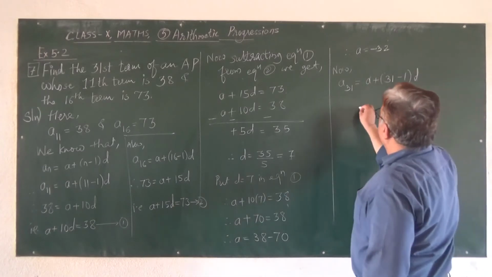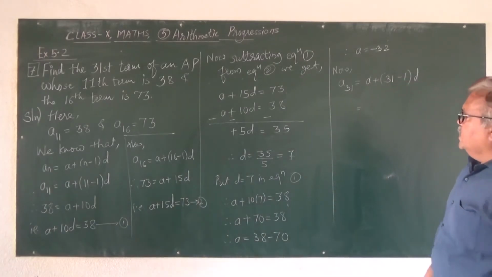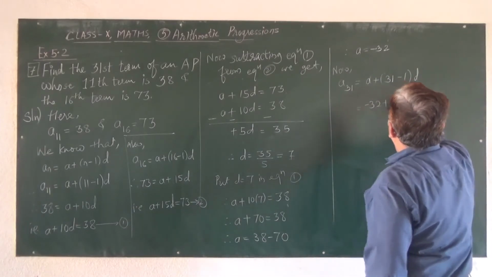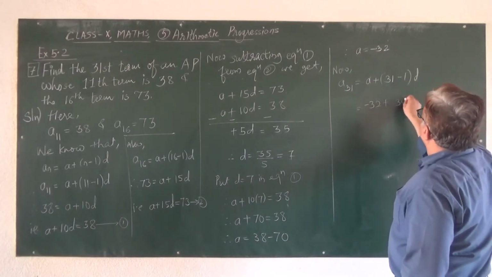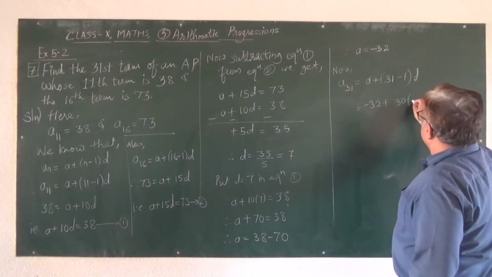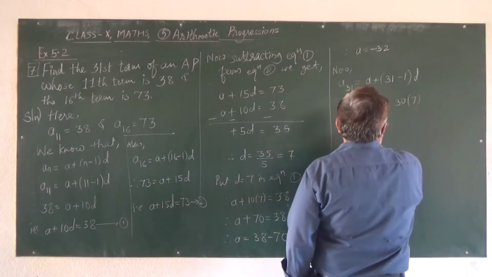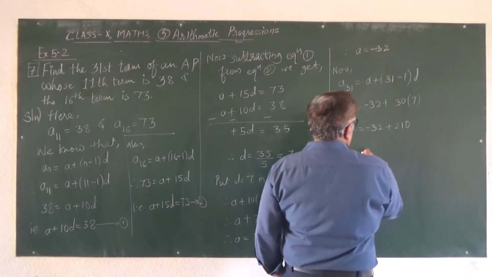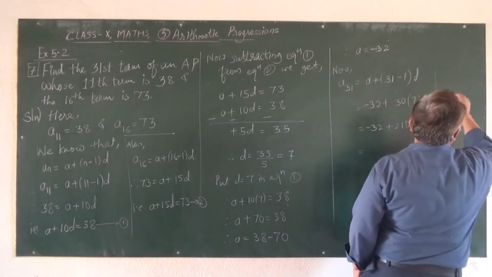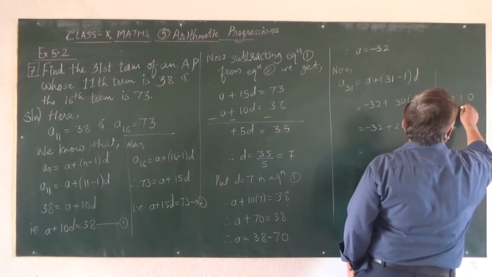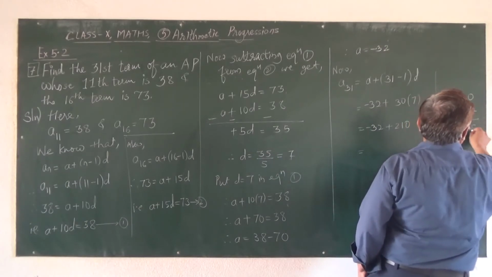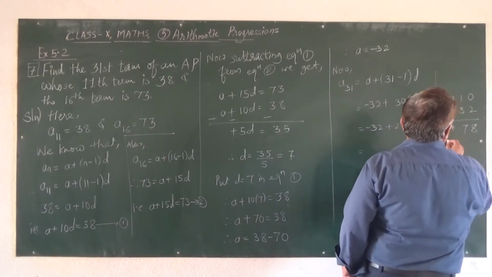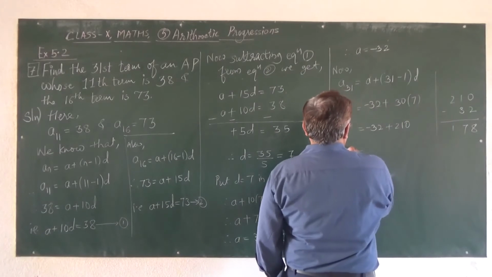We calculated a and d, so just put the values of a and d. a is minus 32 plus 31 minus 1, that is 30, and the value of d is 7. So minus 32 and 7 3s are 21, so 210. Subtract 32 from this, so it is 178.